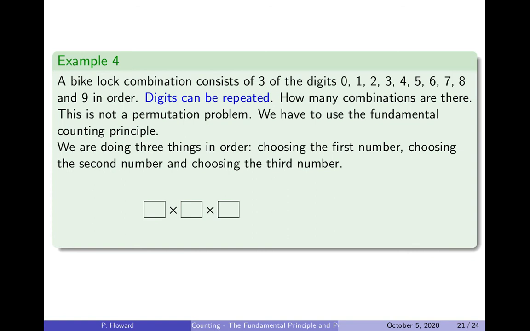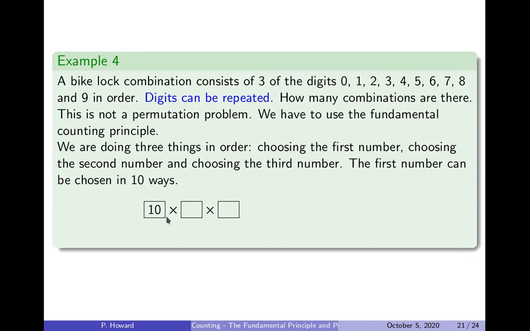So we are doing three things in order. We're choosing the first number in the combination, we are choosing the second number in the combination, and we are choosing the third number in the combination, making three choices, one after the other. The first choice can be made in 10 ways, any one of the 10 digits 0 through 9.